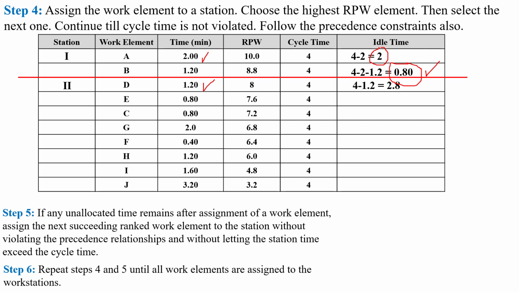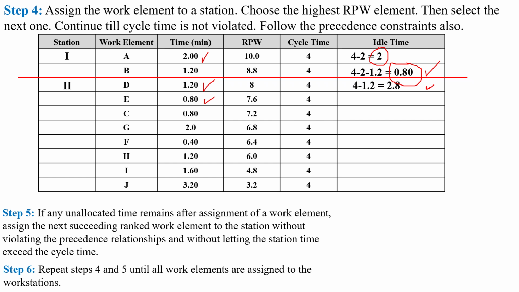Then the idle time is 4 minus the processing time of 1.2, so it is 2.8. And the next work element is E. Its processing time is 0.8 and the available time is 2.8. So we can add work element E in the second workstation.